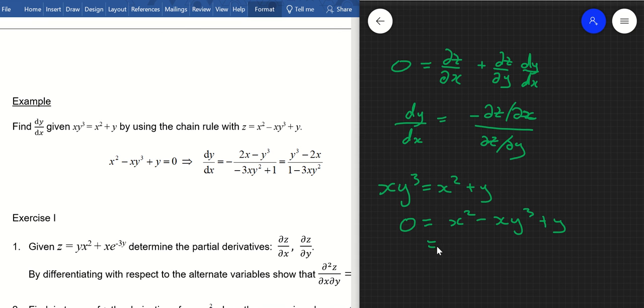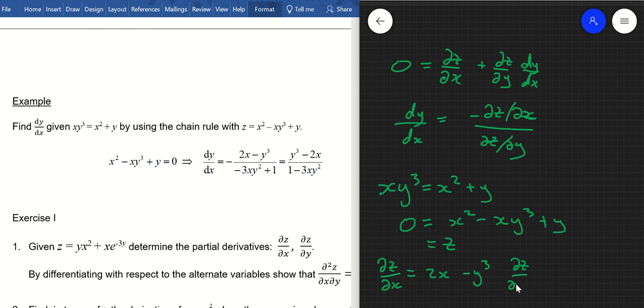If this is going to be our z, then dz by dx, differentiate with respect to x only. That's 2x. y cubed is a constant, so this is a constant times x, so it's just minus y cubed. y is a constant, that disappears.